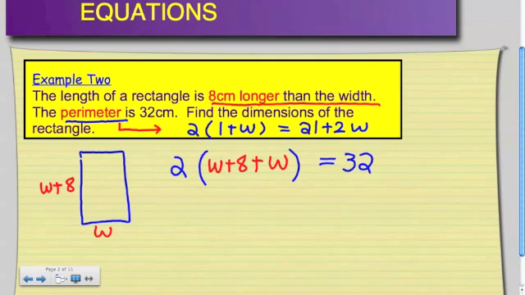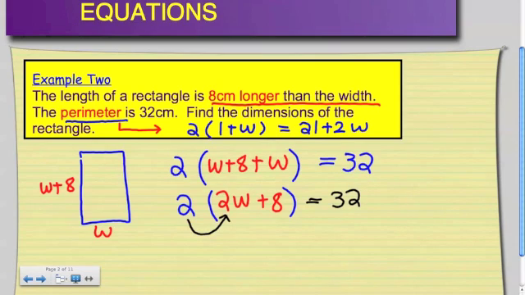So if we solve everything inside the bracket, W plus W is going to give me what? W plus W. Matthew? 2W. Very good. 2W plus 8. And so now all I have to do is apply the distributive property. So I'm going to take the 2, multiply it by the first term, take the 2 again, and multiply it by the second term.